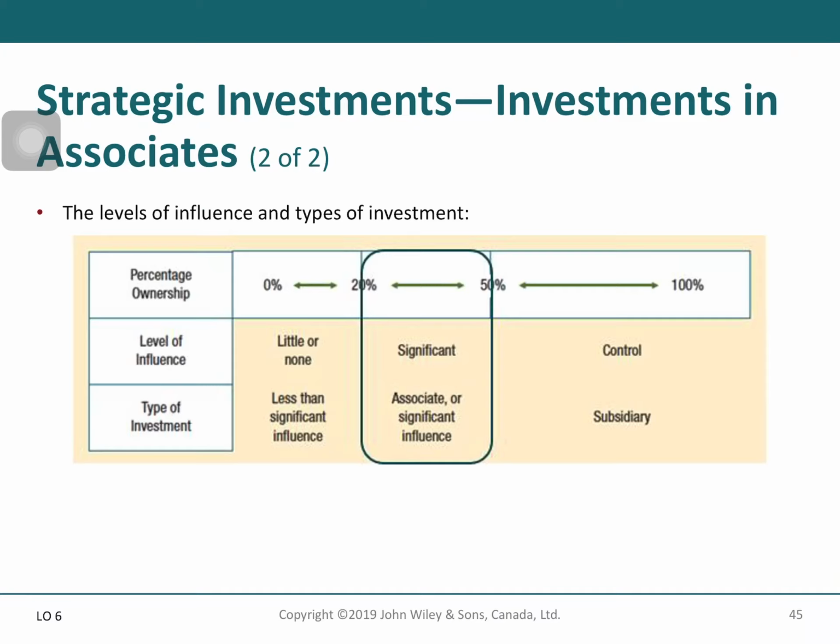So if you have ownership at the level of 20% to 50%, then we call it strategic investment or investment in associate. So the level of influence is significant, so that's why we call it significant influence. And then the type of investment is associate.